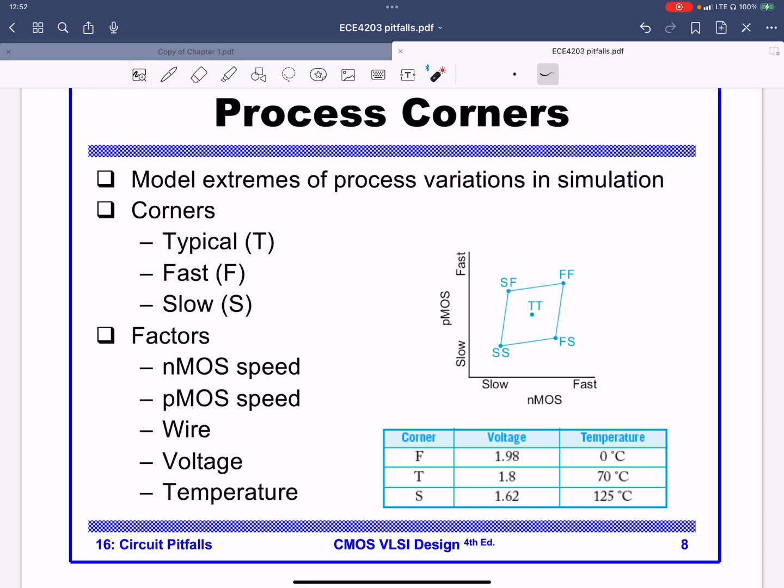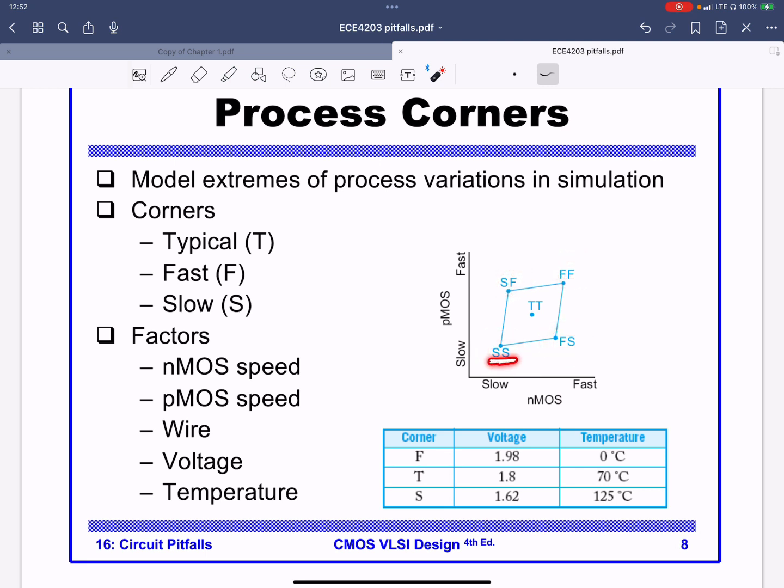It's very possible that the NMOS transistors are going to be running faster than the PMOS in certain wafers, and vice versa. So the way you see a plot of NMOS versus PMOS, NMOS slow, NMOS fast, PMOS slow, PMOS fast, and all these corners, so-called, are manufacturing permissible corners.